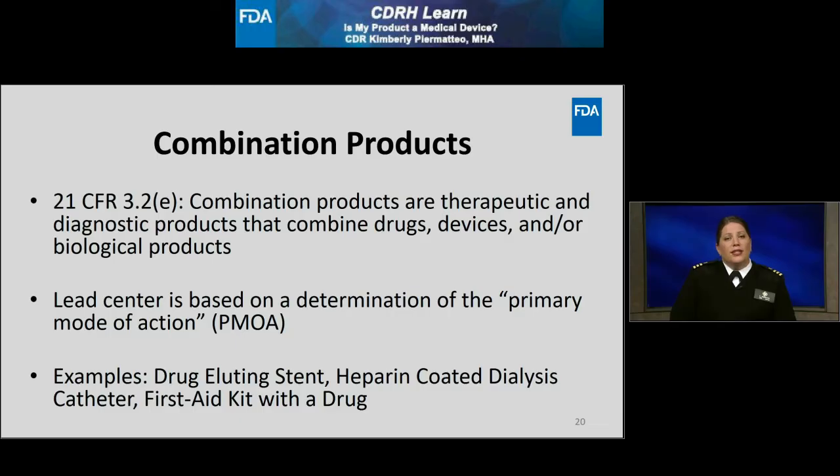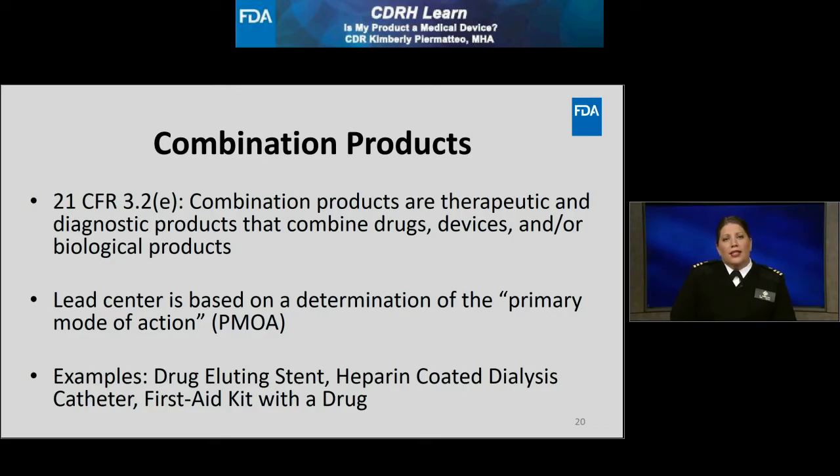Another consideration is combination products. Combination products are defined in the Code of Federal Regulations, or CFR, under 21 CFR 3.2(e) as therapeutic and diagnostic products that combine drugs, devices, and/or biological products.